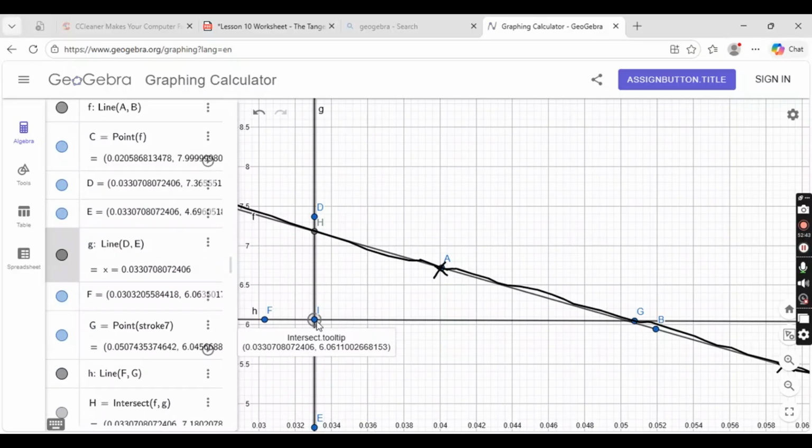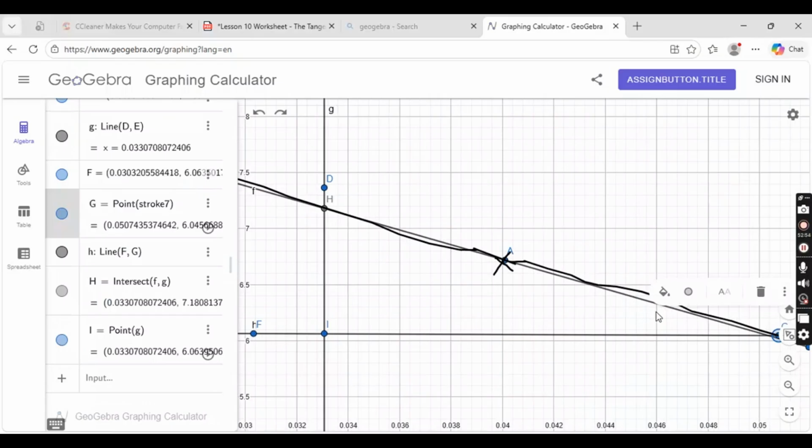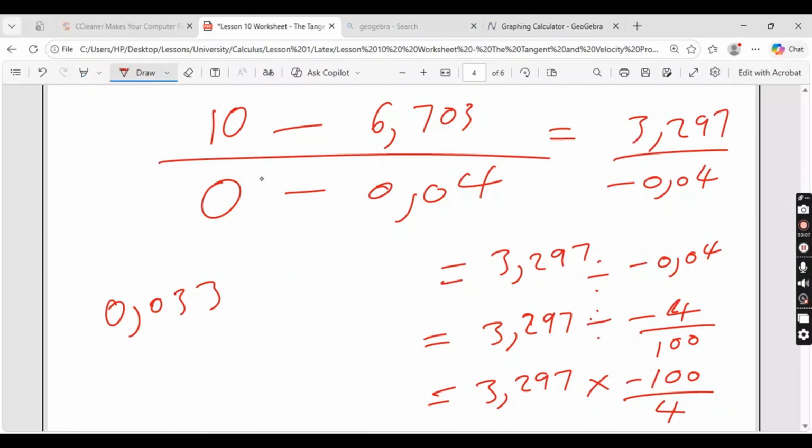And then here 0.3, 3, so 0.05, 0.07, 0.0507.